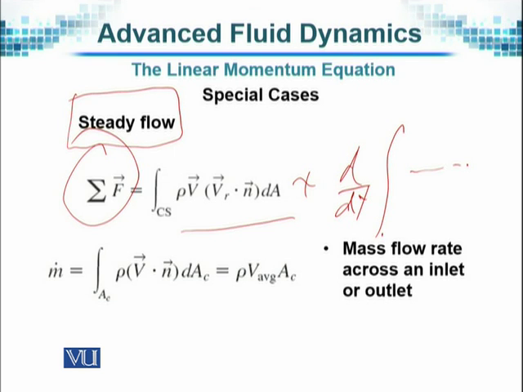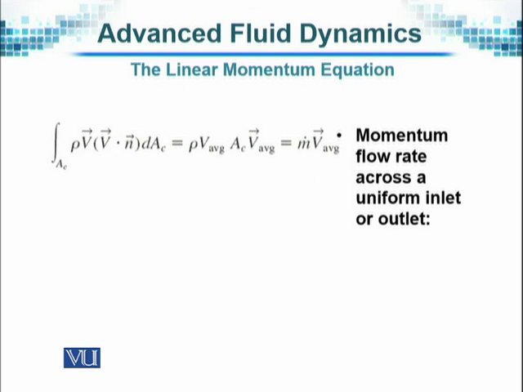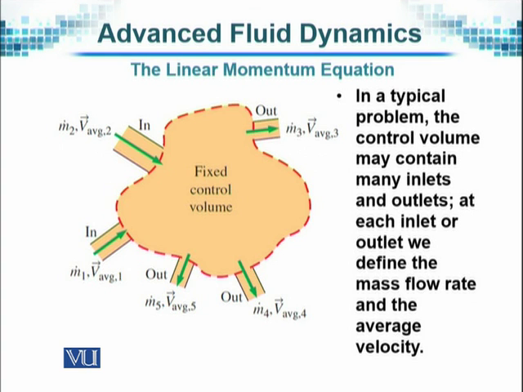So d by dt of whatever is being considered is 0. This happens only when we put the restriction that the flow is steady. And then this is the value that we get for the momentum flow rate across a uniform inlet or outlet, in a flow situation like the elbow, or a pipe and similar devices.